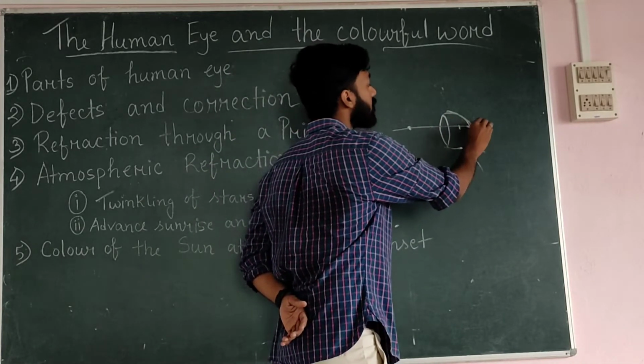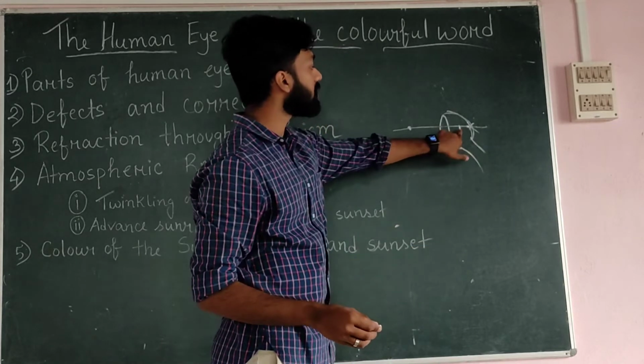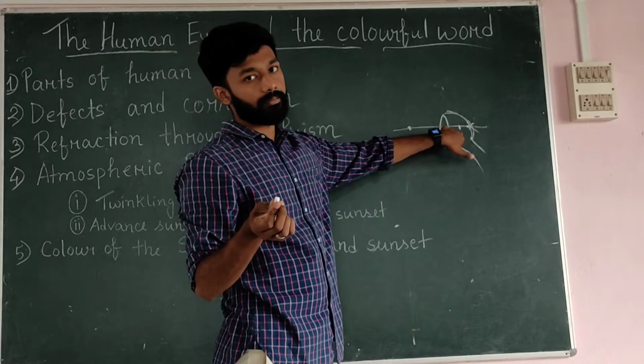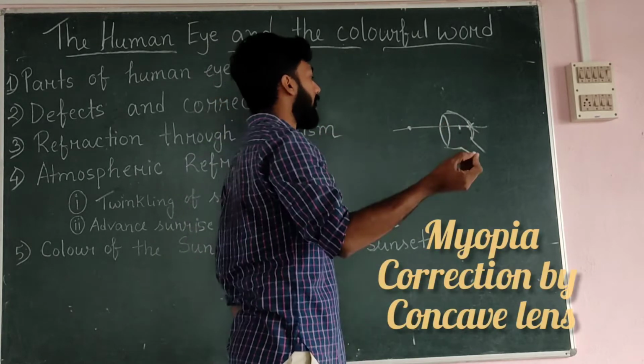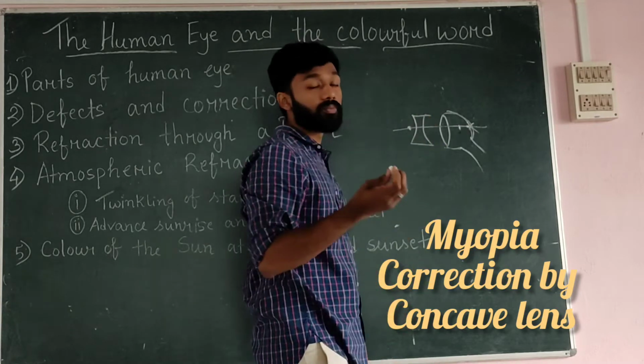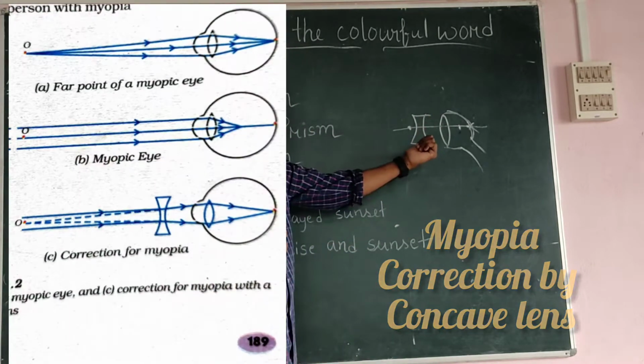Actually the image needs to form at this cross mark, but if the image is formed before it, inside the eyeball, we call this defect myopia. Myopia can be corrected by using a concave lens.